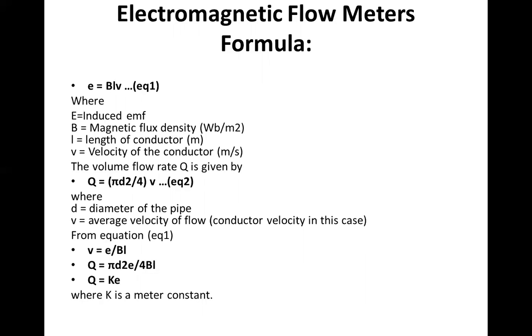So from equation 1 and 2, we can write V equals E by B into L, that is, Q equals pi D square into E by 4 B into L. That is, Q equals K into E, where K is the meter constant. Thus, the volume flow rate is proportional to the induced EMF. In practical applications, we have to enter the meter constant K value in the magnetic flow meter, which is available in the vendor catalog or manual.